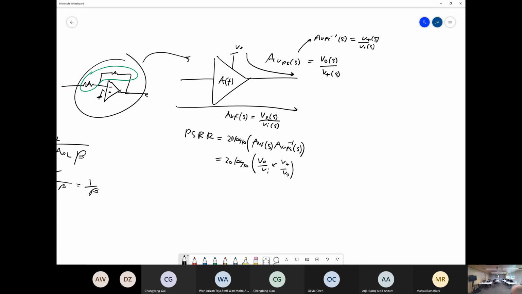The VOs cancel, and we get 20 log 10 of V plus on VI. So we're seeing how much our power supply affects the input. Yeah, that's right. And so this will be dependent on frequency, a function of S.